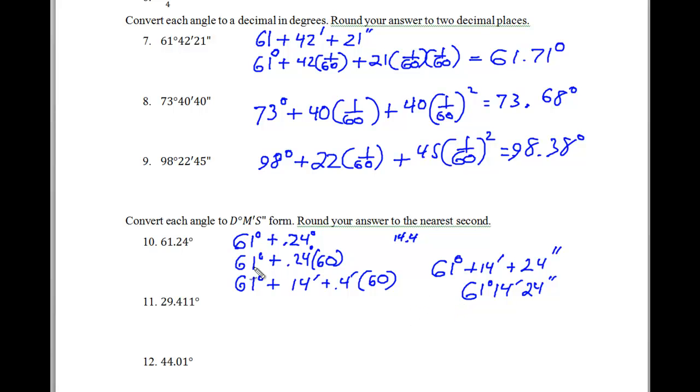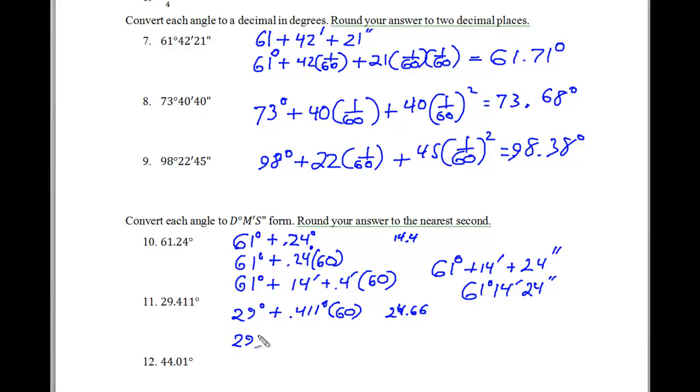All right, I'm going to do one more problem, then move this up for problem 12. So this is going to be 29 degrees plus 411 thousandths of a degree. Now to convert this into minutes, I would multiply this by 60. And that would give me an answer of 24.66 minutes.